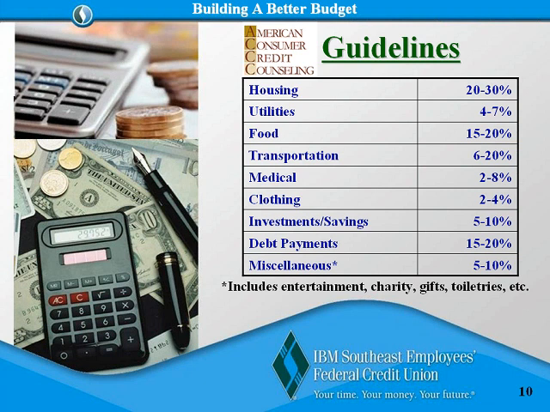And so this breaks down average expenditures into various areas. So you'll see the actual item, housing, utilities, food, and so forth on the left-hand side. The right-hand side ends up being the average amount that the Consumer Credit Counseling Services advises you to have.